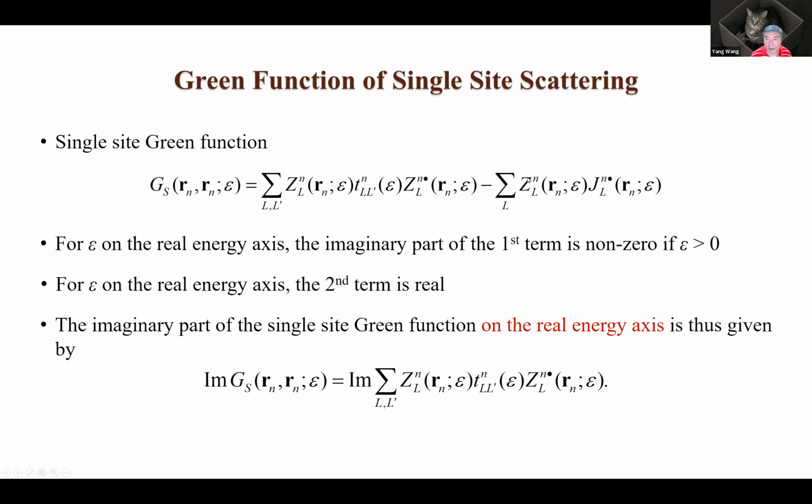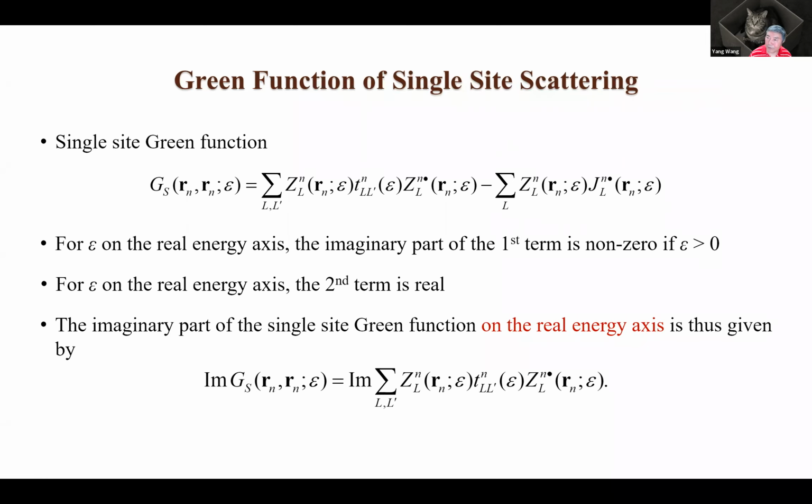Because the imaginary part of the second term on the real energy axis is 0, and I'm only interested in the imaginary part, I end up using only the first term. So I can avoid the second term because I'm not interested in the real part.